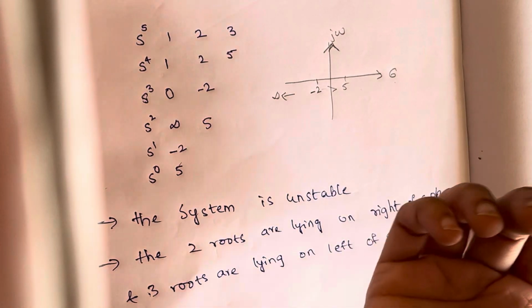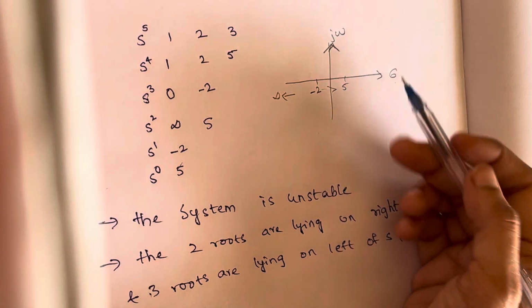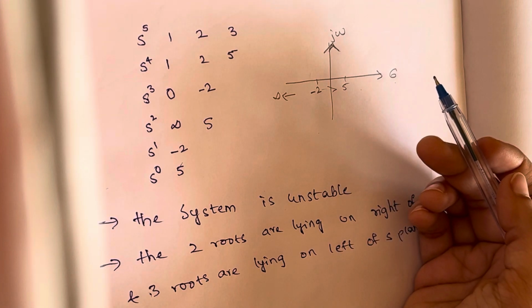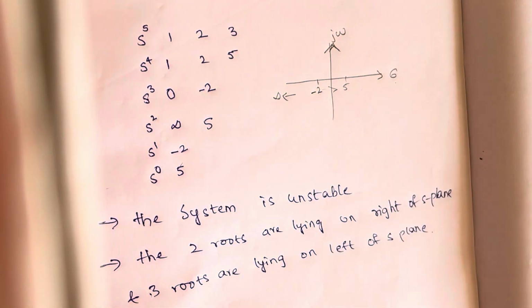So when we see roots on the right side, then easily we can say that the system is unstable. Thank you.